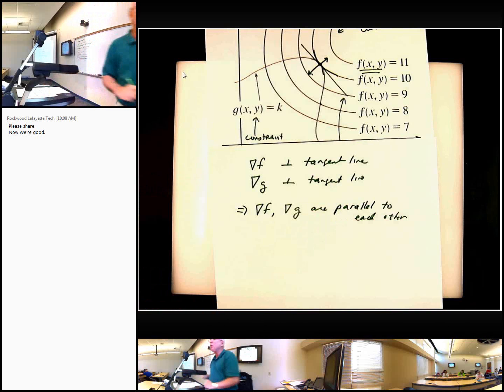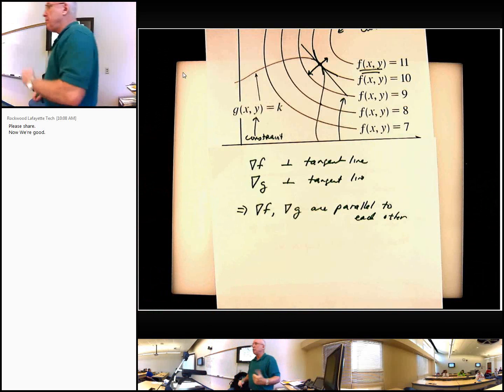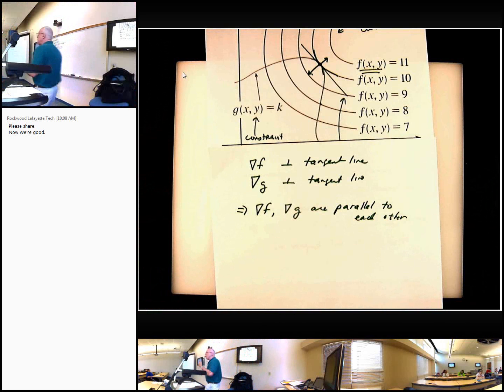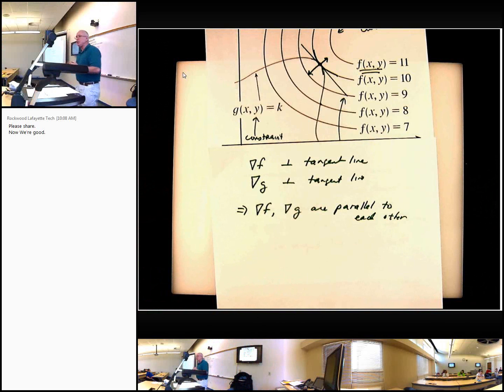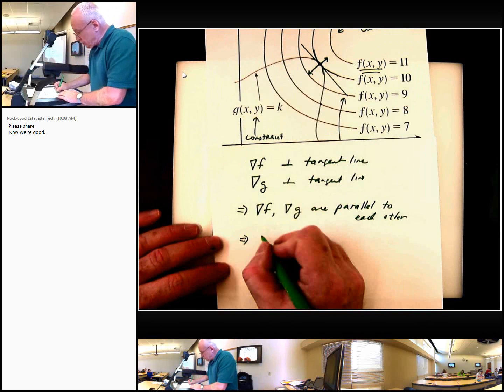All right. Now, remember when we started talking about vectors? Two vectors are parallel to each other if their components are multiples, if the vectors are multiples of each other. So this means they are multiples of each other.